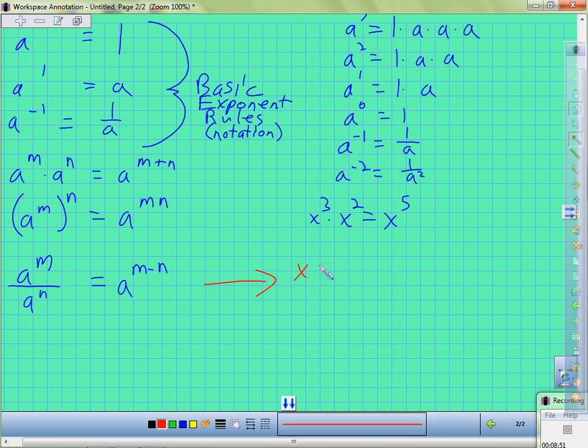Let's say I had x to the 2nd over x to the 5th. I could think of this as x times x over x times x times x times x times x. Well, this becomes a simple cross out, right? So obviously, I've got 1 over x cubed.